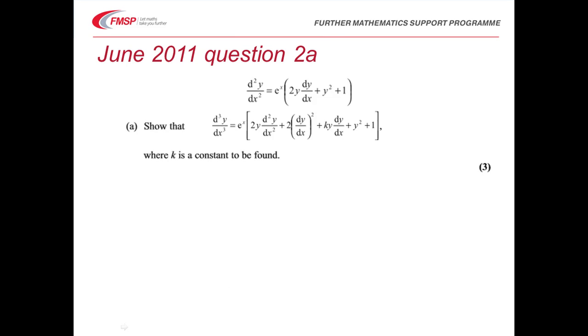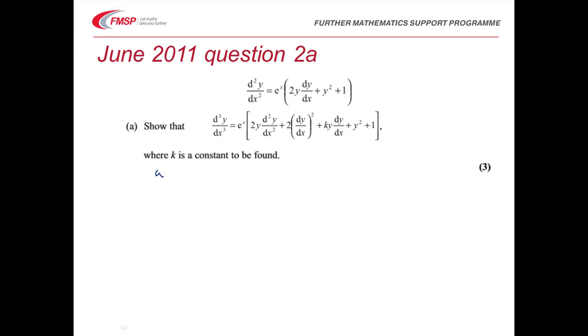The first part of this question, we're given d2y by dx squared, and we need to differentiate it using a product rule to find d3y by dx cubed. So, we need to have a very clear method since the answer is given.